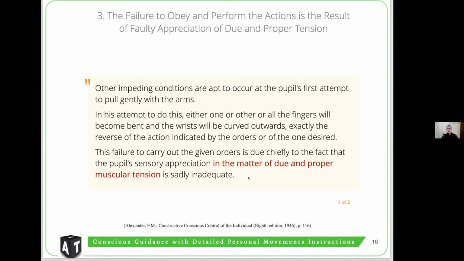It's not the feeling that you get during the practice that is going to help you, in fact, improve your understanding, improve your capacity to obey orders, improve your capacity to maintain the orders, as many as they are, during a performance. This is the view of the central procedure described by Alexander in Constructive Conscious Control.